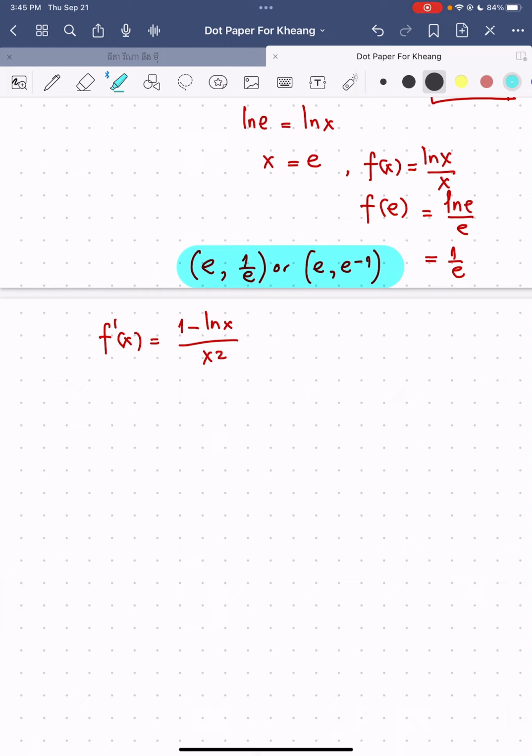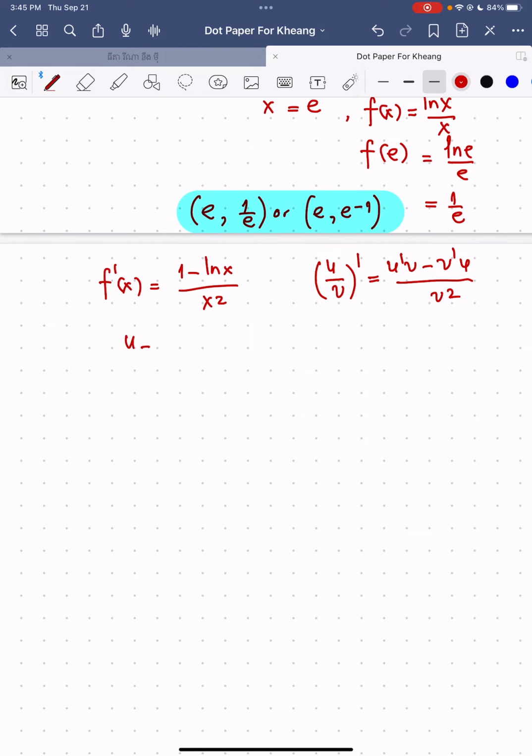The quotient rule here: u over v prime will be u prime v minus v prime u over v squared. So just keep u equal to 1 minus ln x, and then u prime will be 1 prime minus ln x prime.